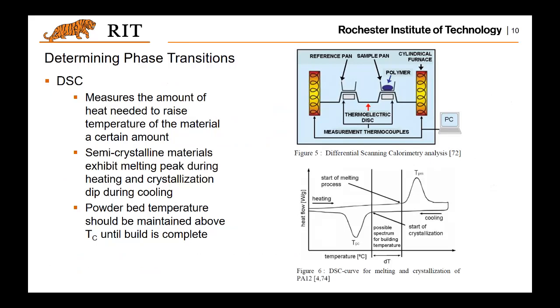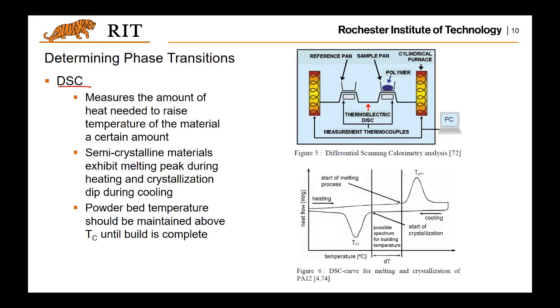So you might ask how you come up with these temperatures. There are some standard experimental setups to determine the phase transitions. Basically, this is DSC, differential scanning calorimetry.